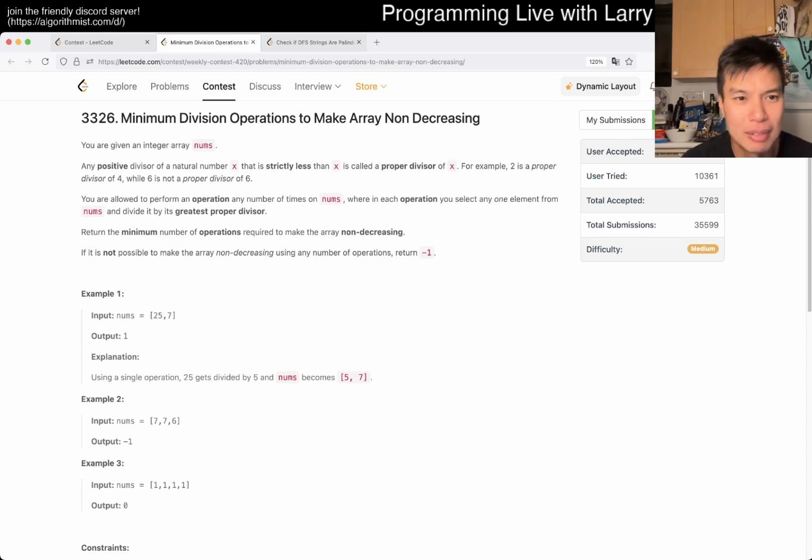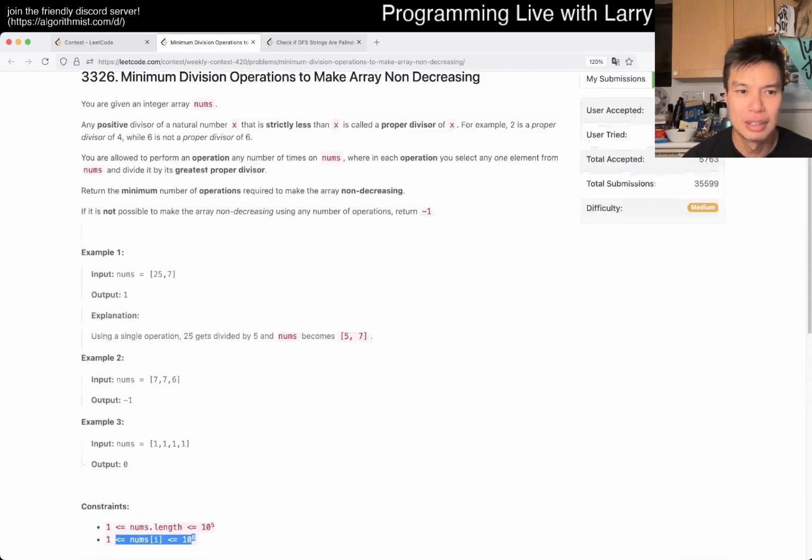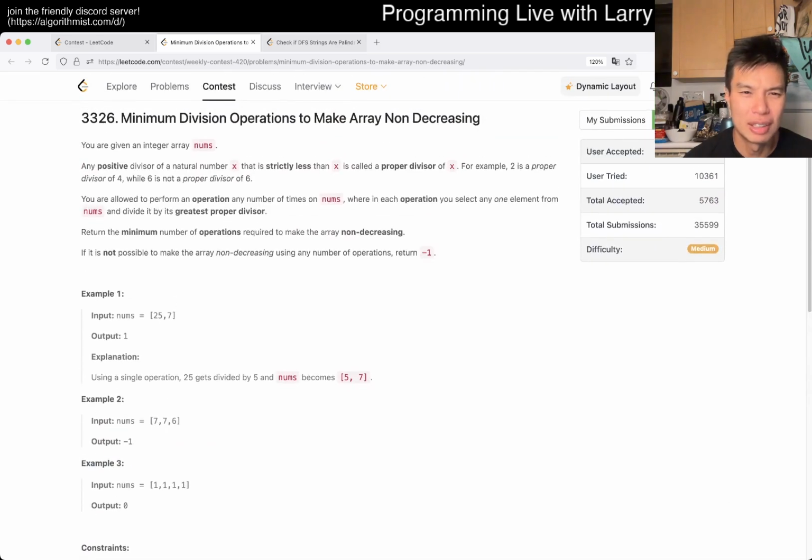Anyway, any positive divisor of x that is strictly less than x. You're allowed to perform operations where each operation selects one element of nums and divides it by its greatest proper divisor. Return the minimum number of operations to make nums non-decreasing. 10 to the 6, so we're doing the sieve already.